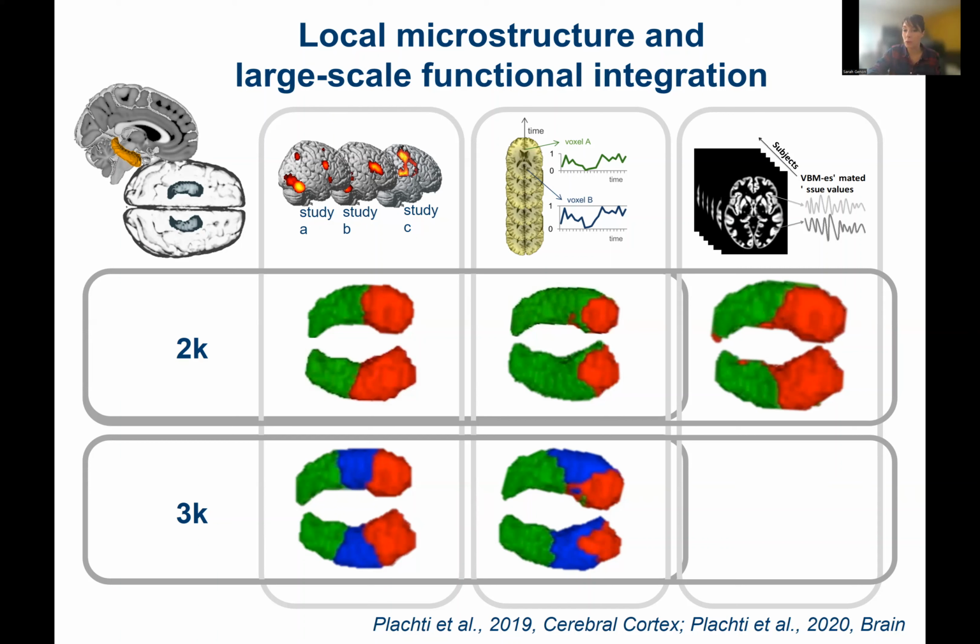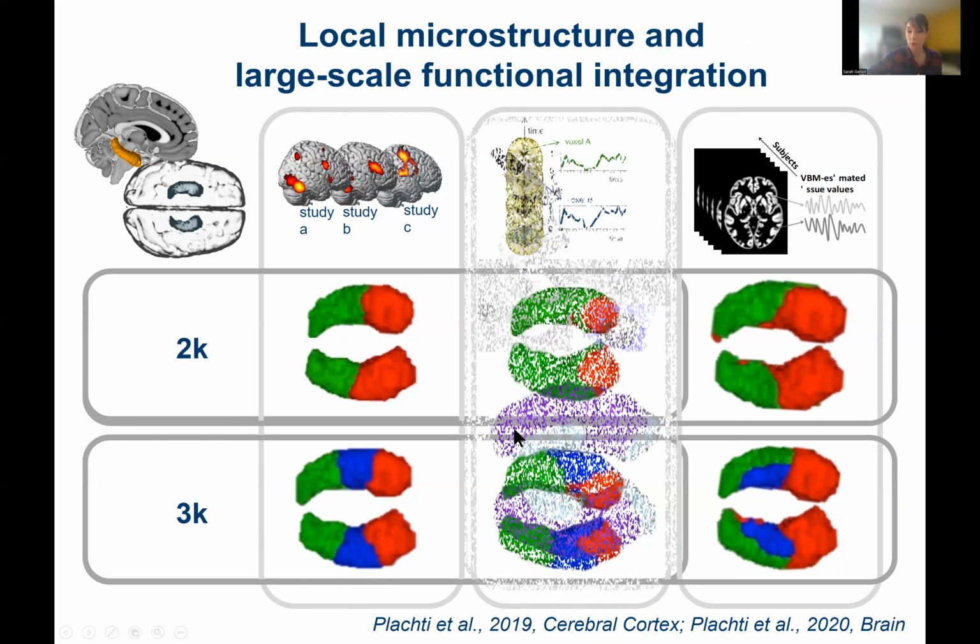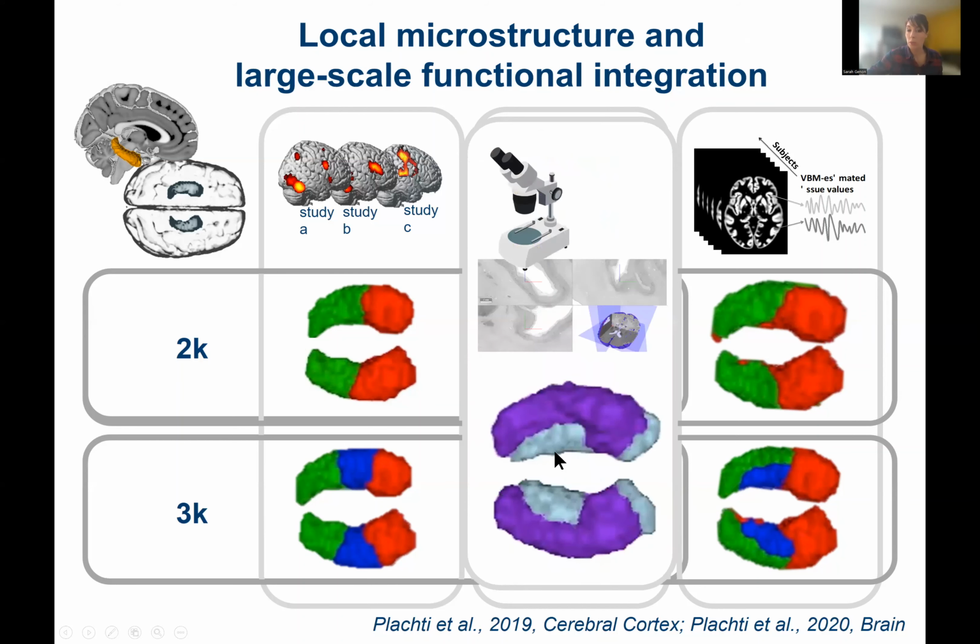But if we go to three clusters, we see this medial-lateral differentiation as well, which is different from what we see with connectivity approaches that are purely based on functional connectivity. And this medial-lateral differentiation actually resembles very much the medial-lateral differentiation that we see based on cytoarchitecture. So here, this is the differentiation between the subiculum and the CA fields.